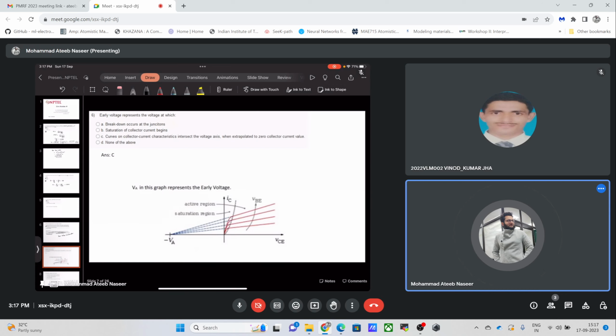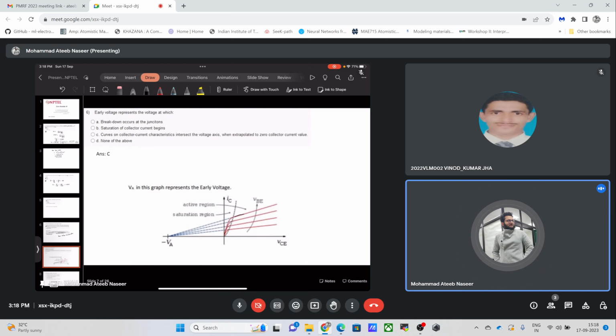What does this actually represent? This early voltage is simply a point on the voltage axis, because whenever we try to extrapolate this curve of collector currents versus collector to emitter voltages, we are not getting completely saturated IVs.